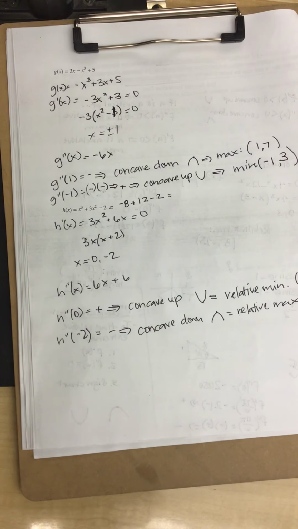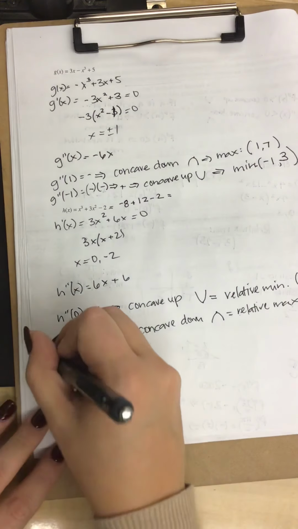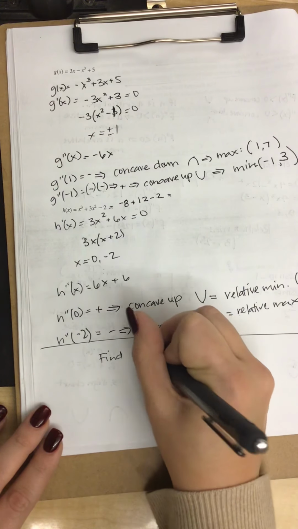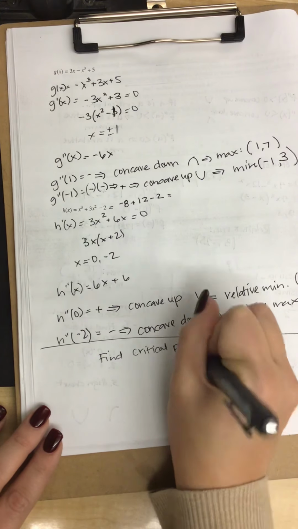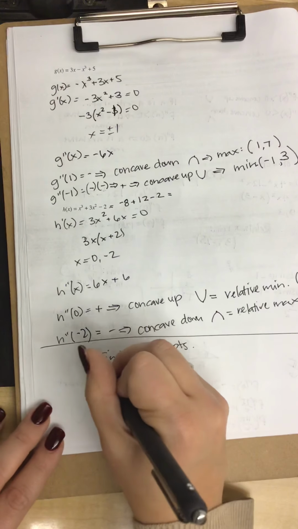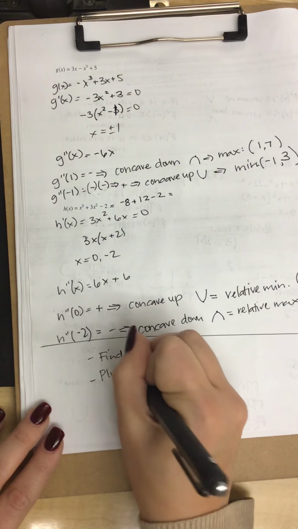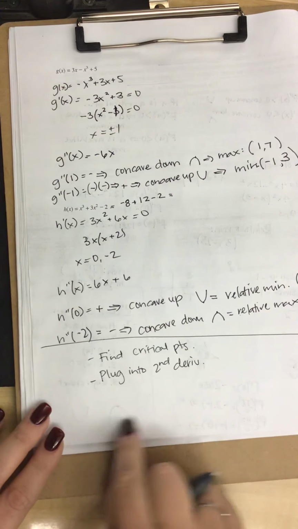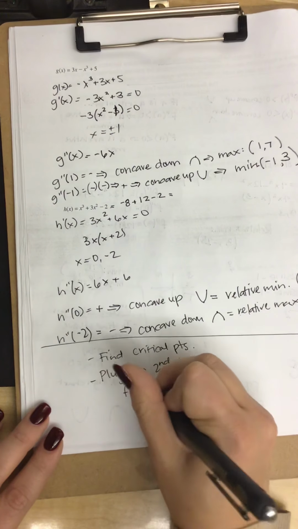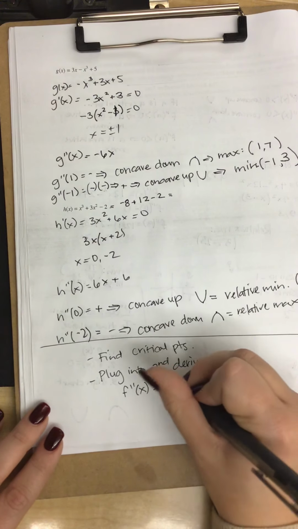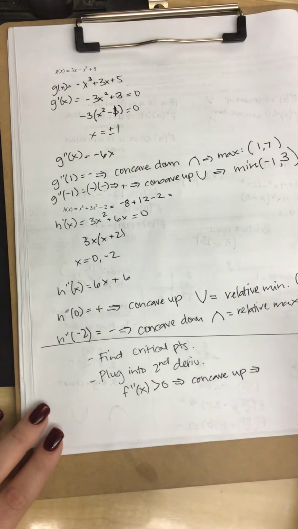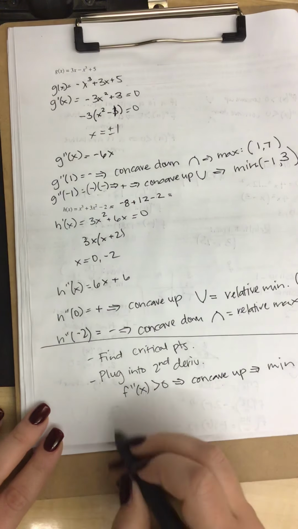Right? Yeah. All right, so that's the second derivative test. Not as complicated as it sounds. Remember, find critical points just like you did before. Plug them into the second derivative. If that's positive at that value, it's concave up, which makes it a minimum or relative minimum, and then vice versa.